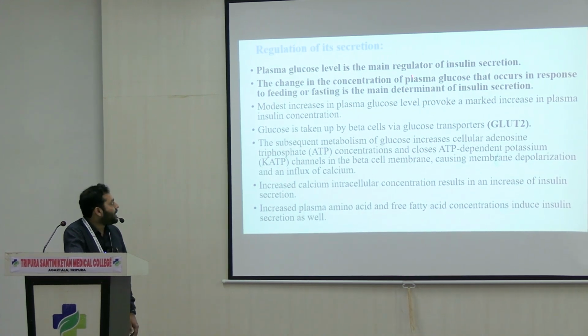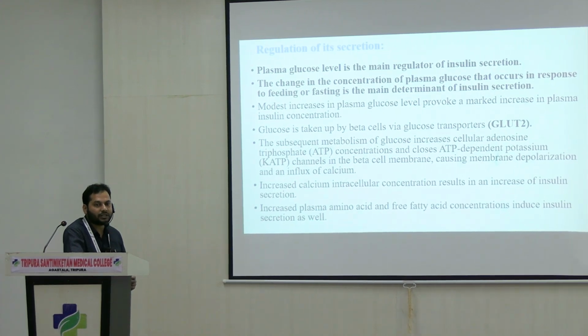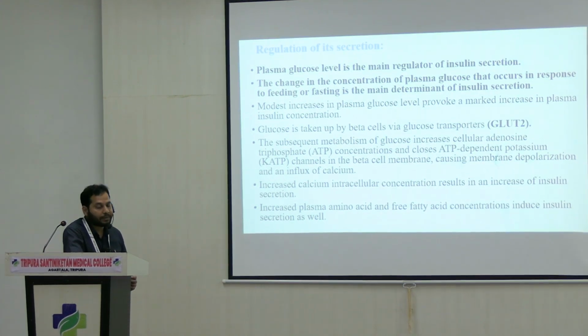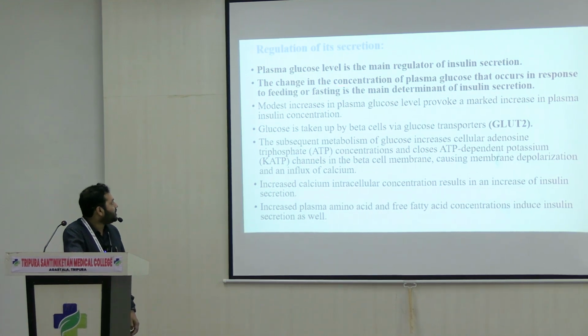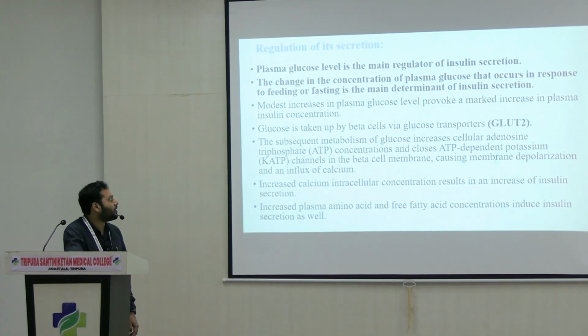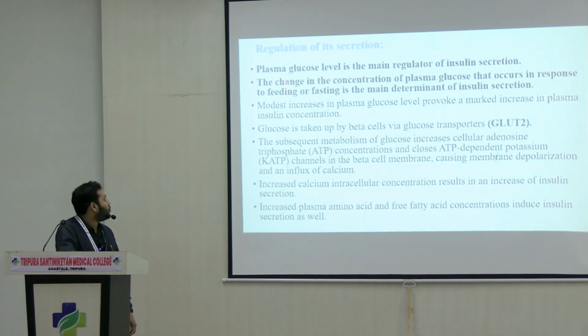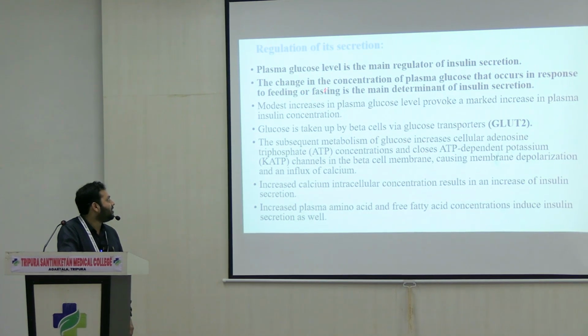Plasma glucose level is the main regulator of insulin secretion. It means it is the most important influencing factor we can say. The change in the concentration of plasma glucose that occurs in response to feeding or fasting is the main determinant of insulin secretion. It means these are the two conditions, feeding and fasting.